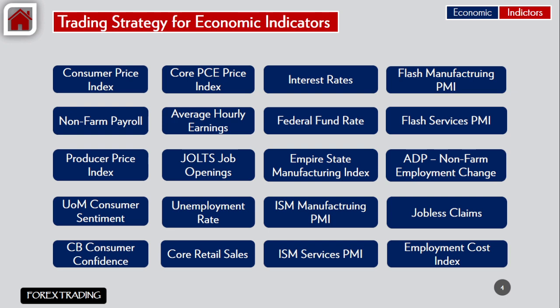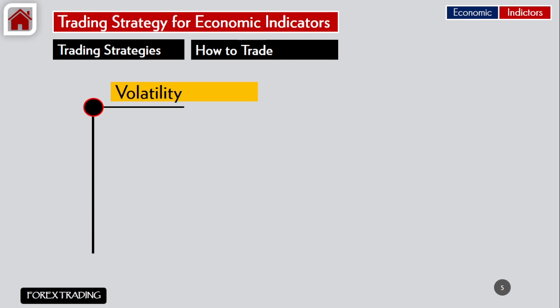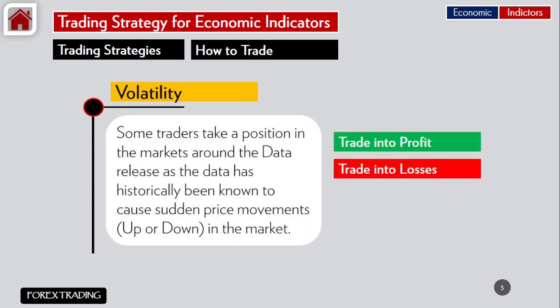If the actual is greater than forecast or actual is smaller than forecast, then accordingly we look at that data, analyze it, and see how it will impact the forex market. So what should be the trading strategies and how to trade? When the data comes out in the market, definitely there will be high volatility.